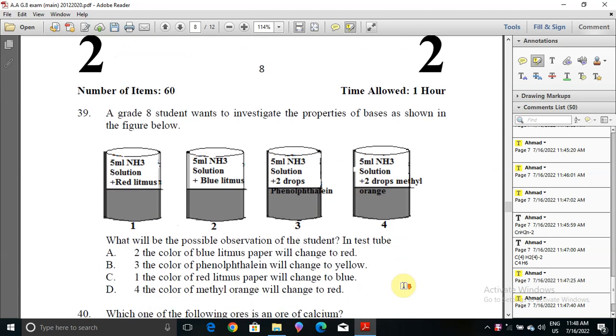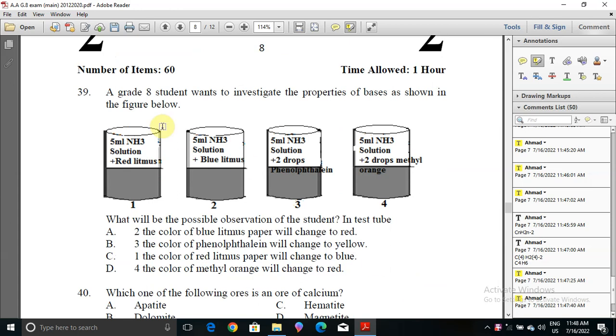Now question number 39 is asking what? A grade 8 student wants to investigate the properties of bases as shown in the figure below.